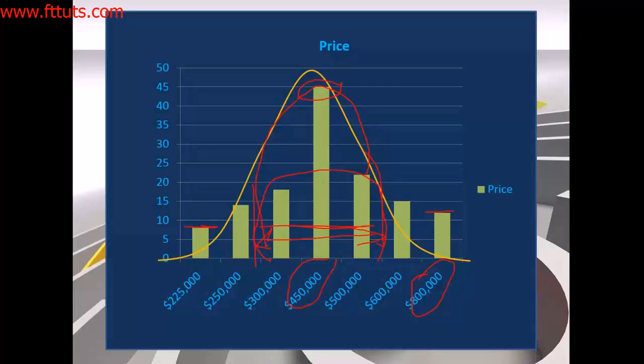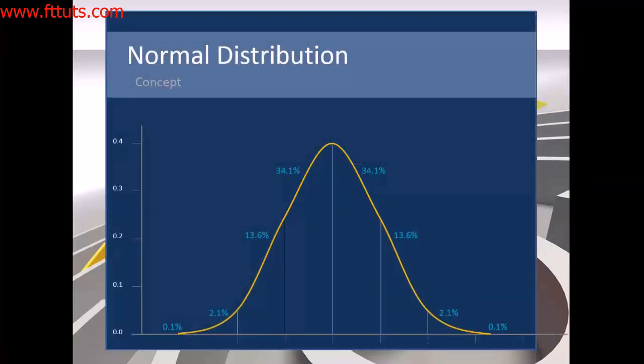Now, let's talk a little bit about what this bell curve and this normal distribution concept is, because this is really at the core of the profile. What the profile does is it takes market data, just as we did with the data on the selling of homes, and begins to organize it in a normal distribution.